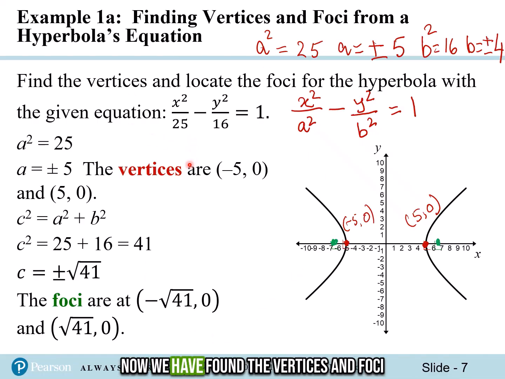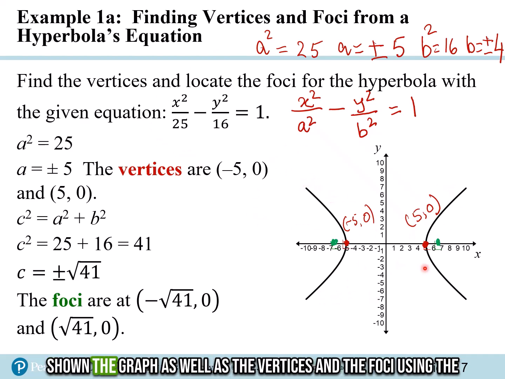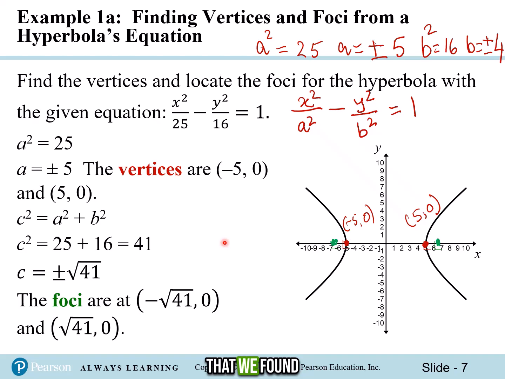So now we have found the vertices and foci from the equation given to us in standard form, and also have shown the graph as well as the vertices and the foci using the information that we found.